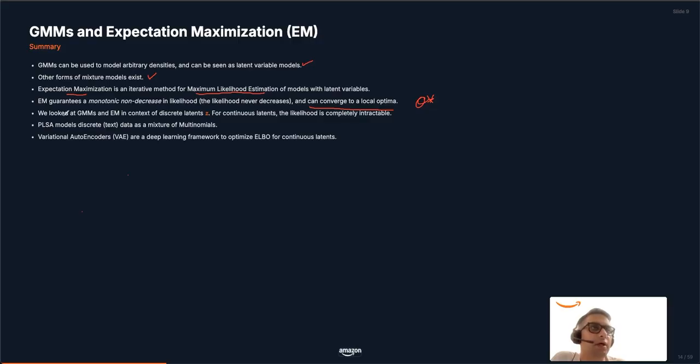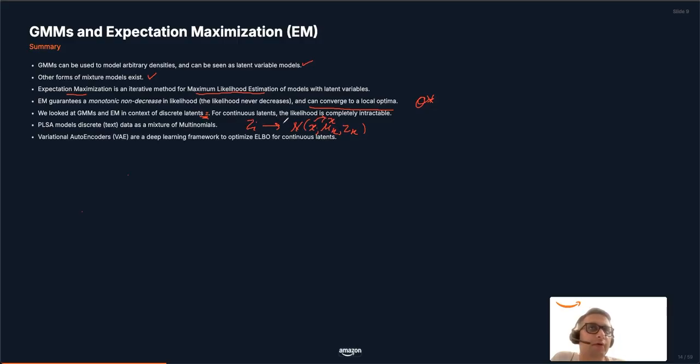Now, if you notice, the GMMs and the EM that I introduced were with discrete latent Z. You had some z_i, and those z_i were then linked to some normal Gaussian distributions. You pick one value of z_i, and from there you use a certain normal distribution to have a continuous X sampled from it.